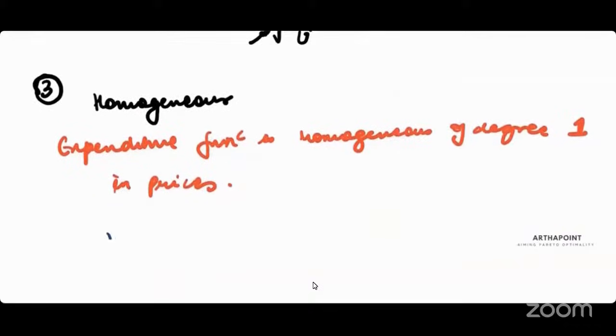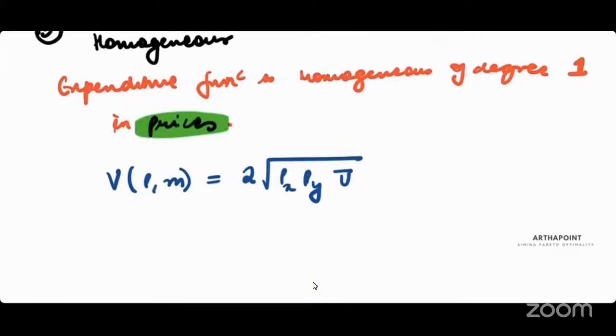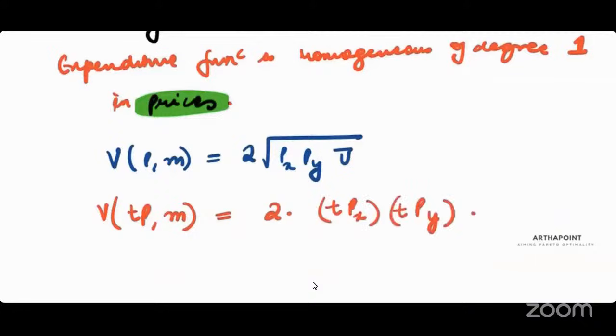So supposedly we start with the expenditure function that we just found out, 2 root Px Py U bar. And because I'm saying it is only in prices, I will just scale up the prices. So I will say E of tP, U will be 2 root, instead of Px, I will write tPx, instead of Py, I will write tPy, into U bar under root.